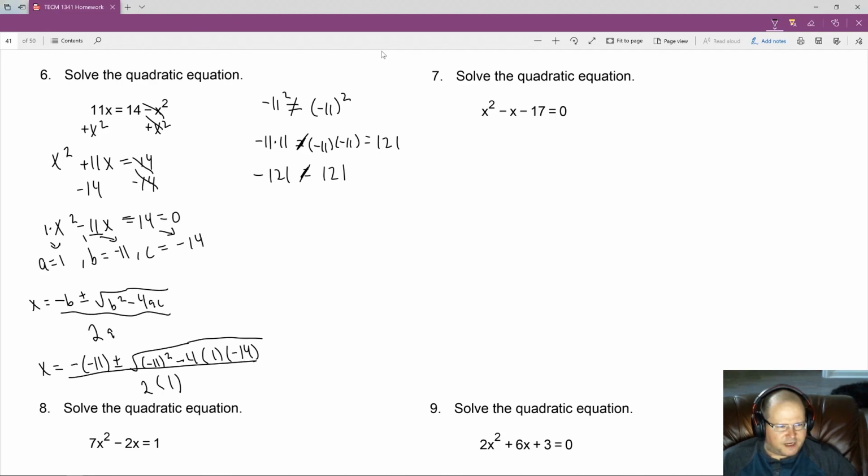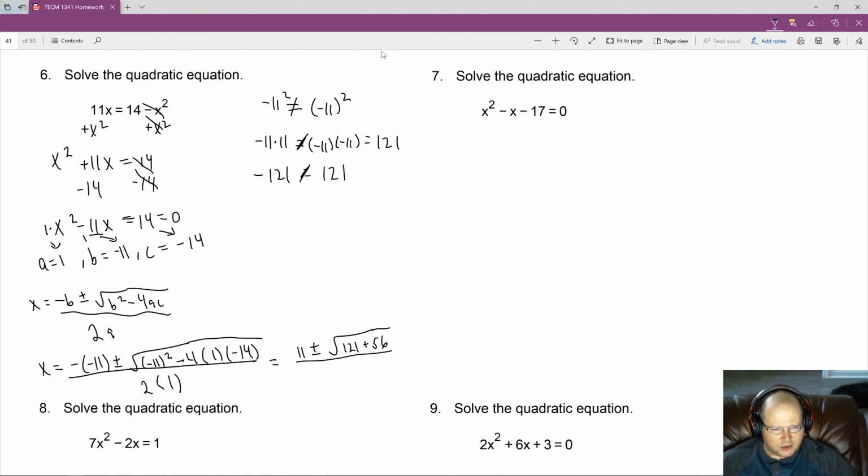Okay, so let's simplify a little bit. A negative negative 11 is a positive 11, plus or minus. We're going to have to simplify what's underneath the radical sign right here. So we say negative 11 times negative 11 is 121. We say negative 4 times 1 times negative 14. A negative times a positive times a negative is a positive because we have two negatives being multiplied together. 4 times 1 is 4, times 14 is 56.